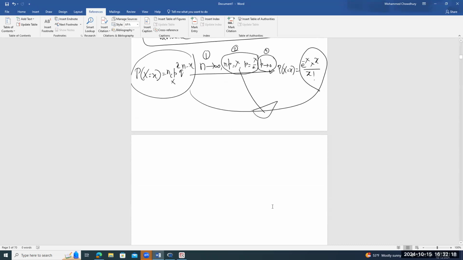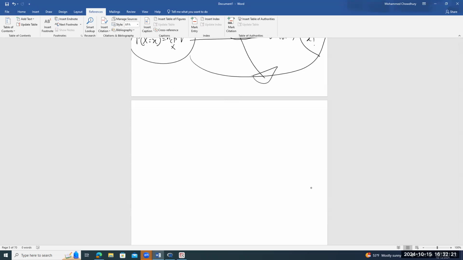Now, if you ask me this question, when is a function said to be a probability distribution? I have written so far 4 probability distributions: binomial, negative binomial, geometric, Poisson. If someone tells you this is a probability distribution function, listen carefully, then it must satisfy 2 conditions.